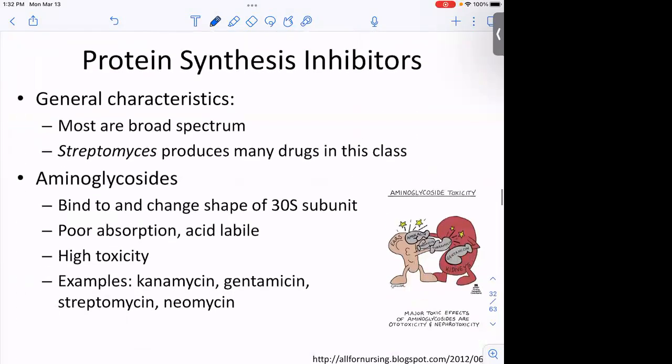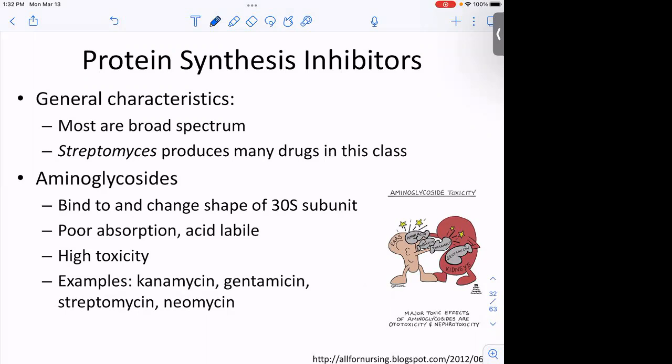What can we say about these in general? Most of them are pretty broad spectrum, meaning they're not just working on gram-positive or just on gram-negative bacteria, but a mix of both. And some of them work on acid-fast bacteria as well. We'll get to that.